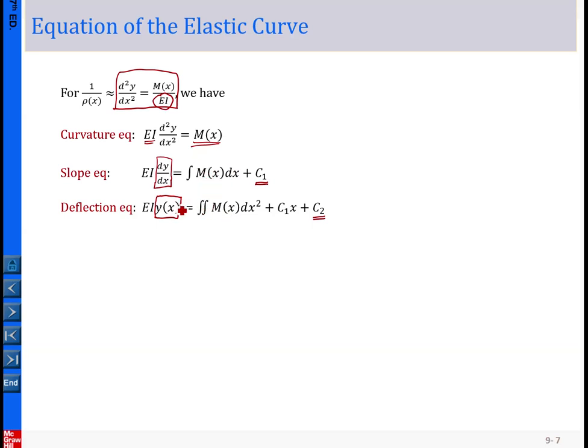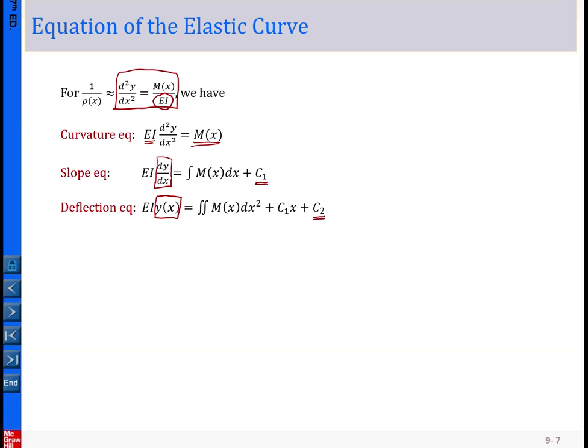In terms of physics, people give them the names curvature equation, slope equation, and deflection equation. Keep this in mind. Now I want to talk more about the boundary conditions and how to solve for C1 and C2.